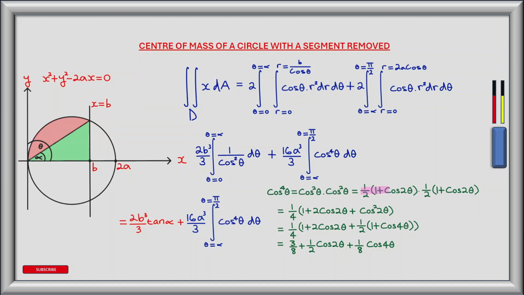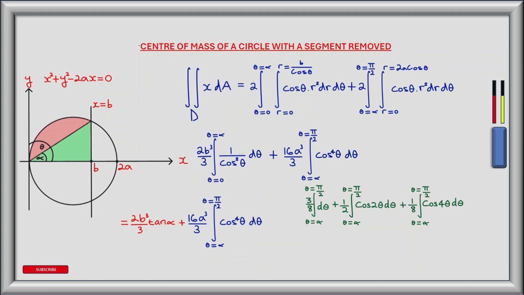If we multiply this out, we get 1/4 into the bracket of 1 plus 2 cos 2 theta plus cos squared 2 theta. Now using this trig identity that we used to rewrite cos squared theta, we can write cos squared 2 theta as 1/2 into 1 plus cos 4 theta. And expanding this bracket, we're left with 3/8 plus 1/2 cos 2 theta plus 1/8 times cos 4 theta.